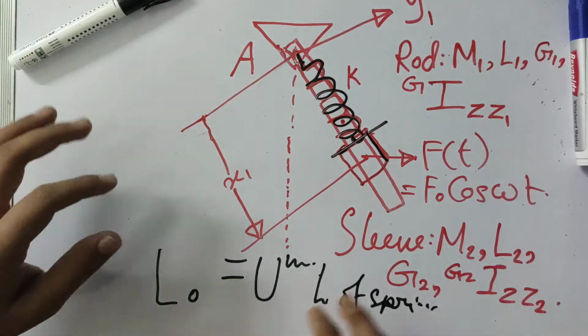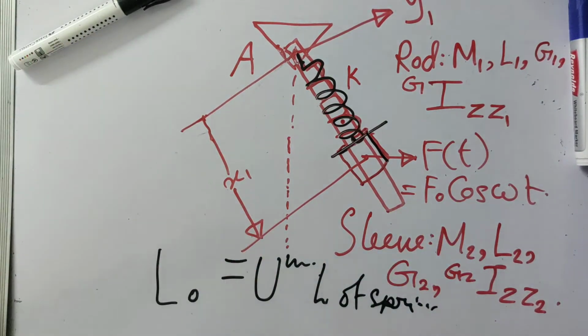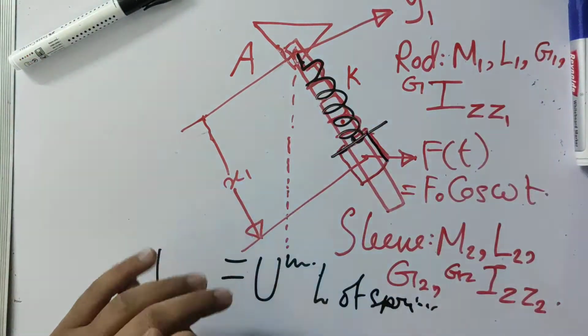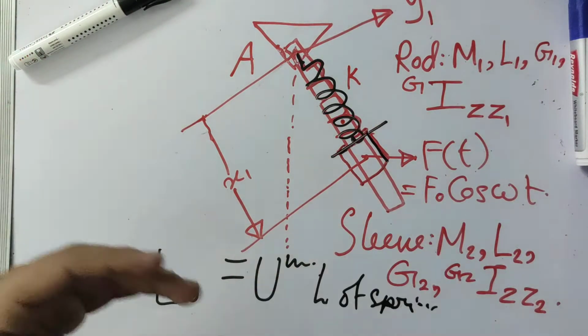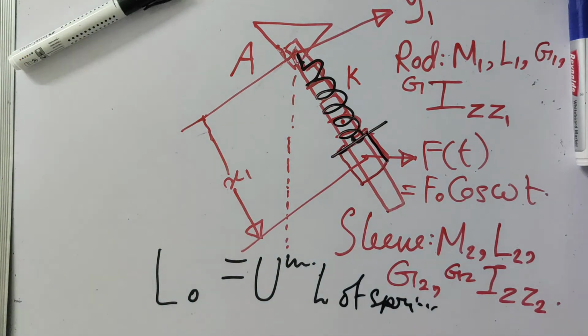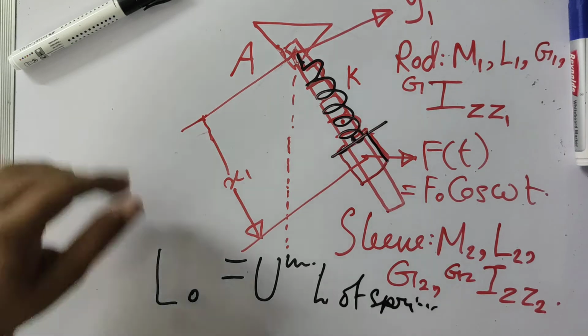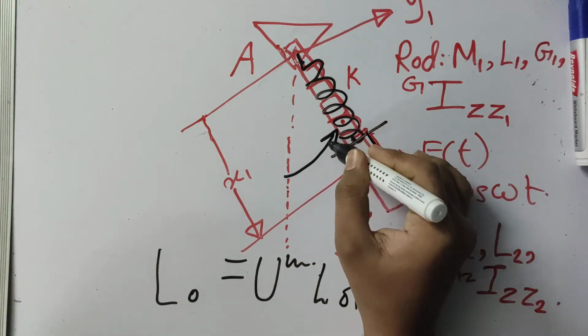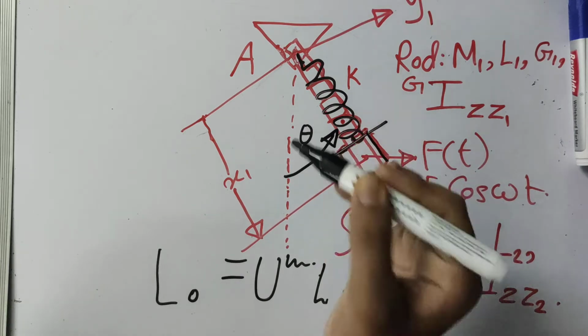So think, how many coordinates will you choose? What are the coordinates apart from x1, y1 and z, and how are they independent, complete, and making the system holonomic? So I hope you have got some inference from this that this is a possible coordinate, theta, right?